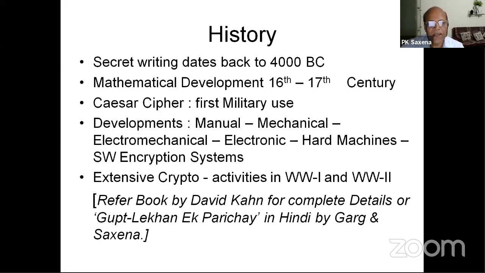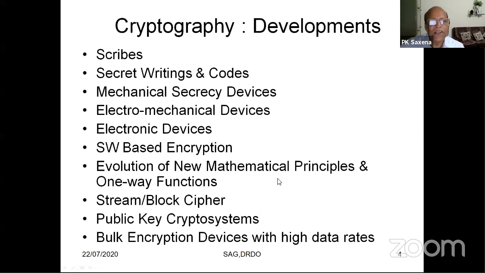Software implemented in dedicated hardware is known as crypto systems. So developments have happened from 4000 BC to the present day, where we now talk about the quantum era and then post-quantum cryptography.